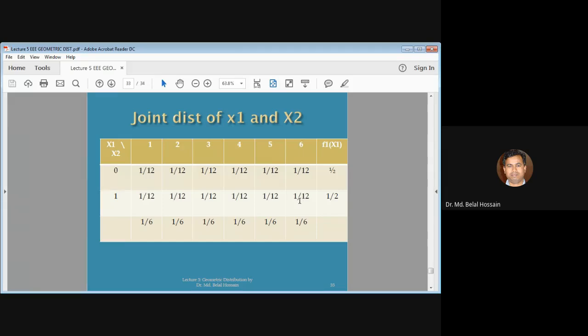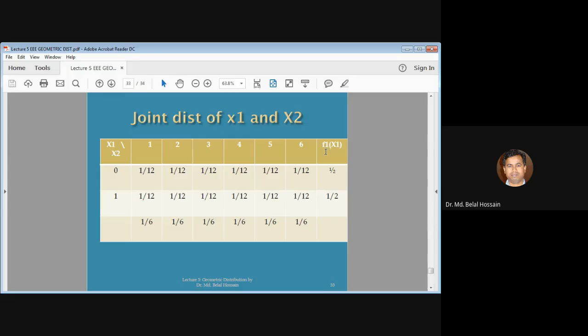Okay, so this is the joint distribution function, joint probability function of 2 discrete random variables. Okay, if you sum all these probabilities we get half. Okay, 6 values, 1/12, so it is half. If you sum this row again, this is half. So this is called the marginal distribution of x1. Okay, f1(x1) means x1 এর marginal distribution.